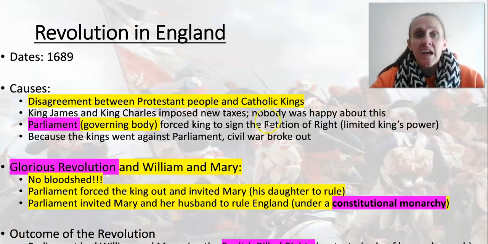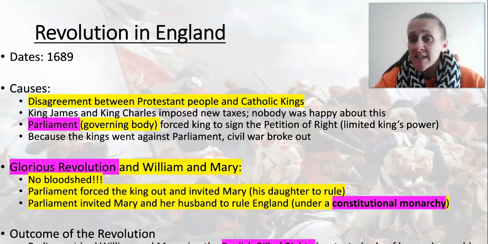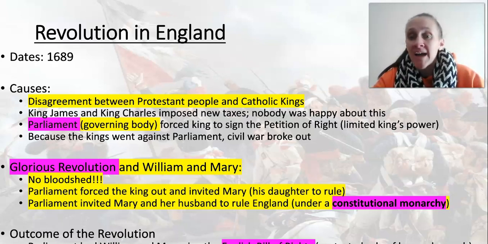And then you will see that Parliament is your governing body. That's the one who will rise to authority, and it'll be run by the people. Because they're so upset with the kings, they're going to force the king to sign a petition of right, which will take away a lot of the king's power and allow Parliament to make the decisions and pass the laws.